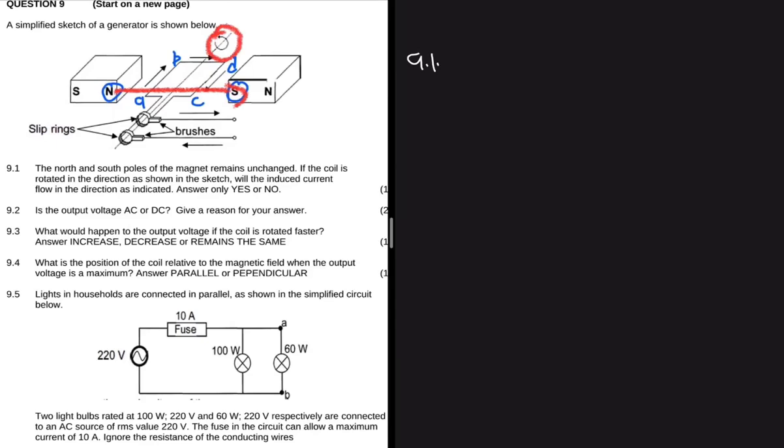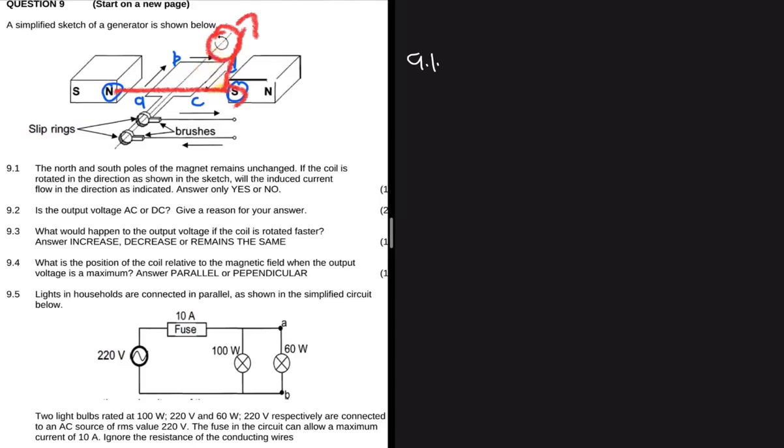So if you take CD, here you're going to have your thumb pointing up. If your index is going from north to south and your thumb is pointing up, and then you turn your middle finger 90 degrees relative to your index, then your middle finger will be pointing from C to D.